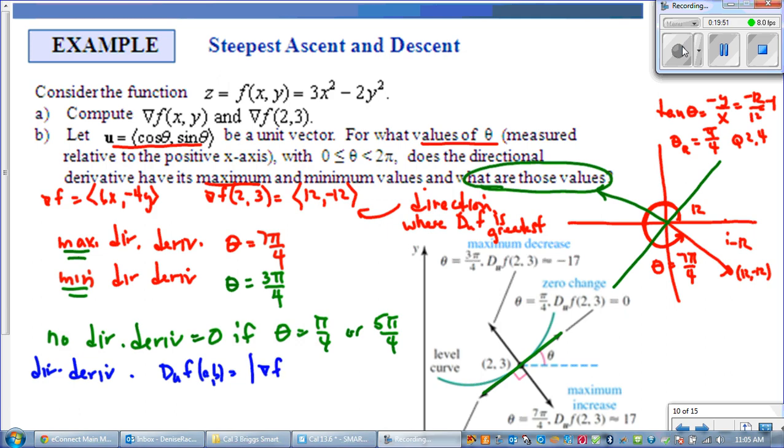So that's the magnitude of 12, negative 12, which is 12 times the square root of 2, which is approximately equal to 17. So that's the maximum directional derivative. The minimum directional derivative would be negative that.